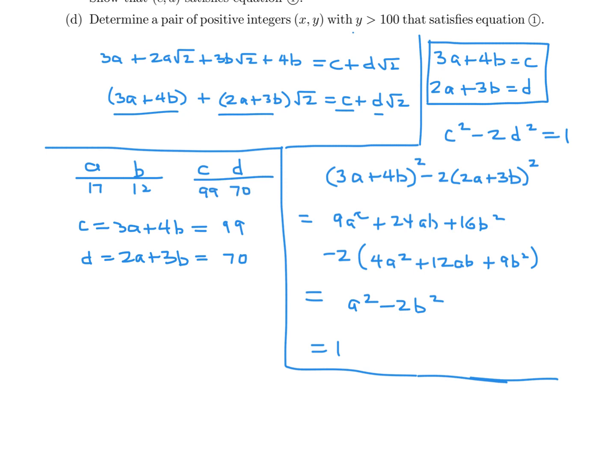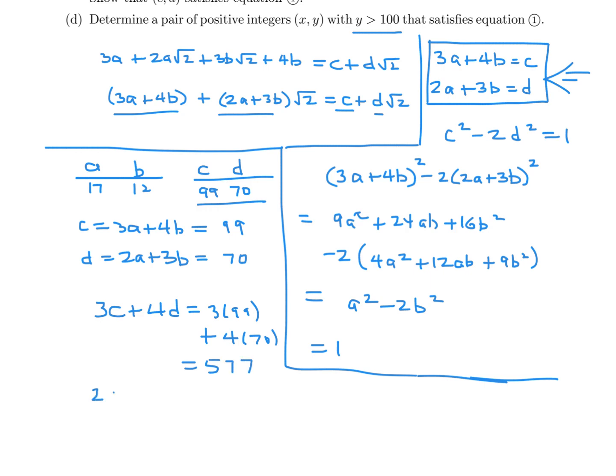But they want a value greater than 100 for y. Okay, no problem. I can just keep extrapolating using this formula. So if these two satisfy, then I can create another 3c plus 4d. You see what I'm doing? Using that formula, this is going to be 3 times 99 plus 4 times 70, and that is 577.